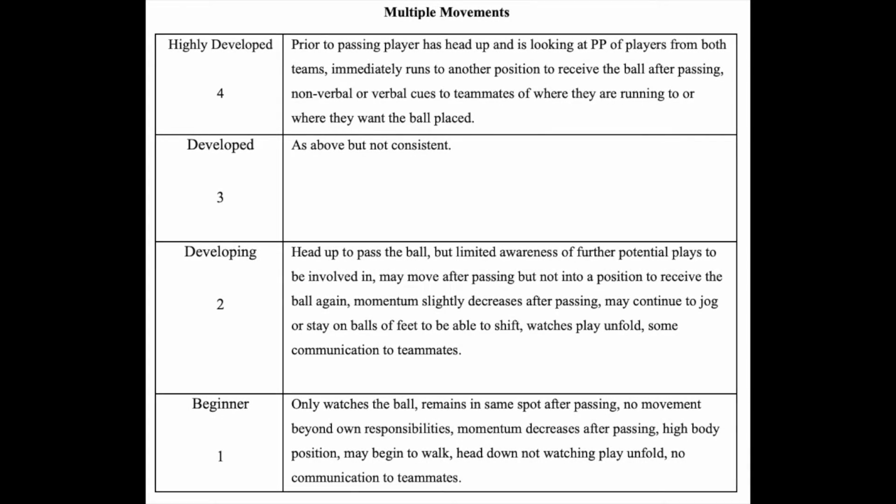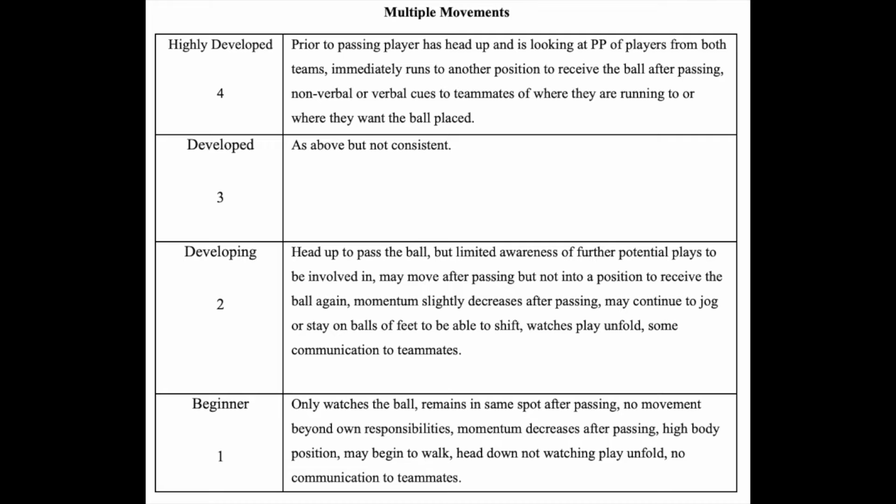So to assess this player in their ability to engage in multiple movements, I have created this table of observational characteristics of players. As we want to observe, analyze, and assess learners, it's important for educators to create criteria for each level so that they can make decisions on a learner's needs and develop ideas for future lessons based on evidence.